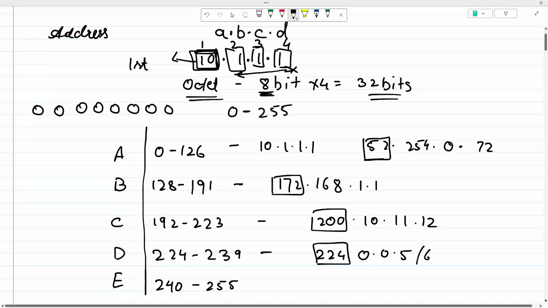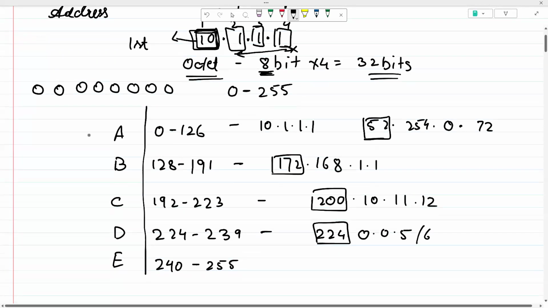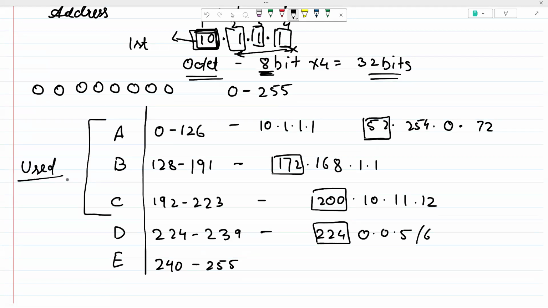Now, from a networking point of view, we will always see these 3 classes being used majorly, on every PC, every router, and every layer 3 switch. Class D is called multicast IP addresses.